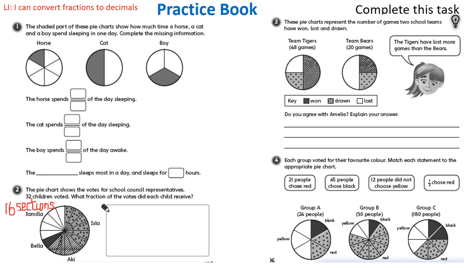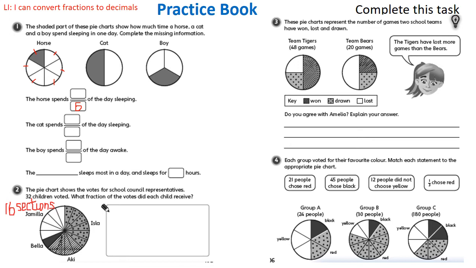So for the horse, it's split into 1, 2, 3, 4, 5, 6. So the number of sections becomes the denominator. So the denominator will be 6. How many sections are coloured in?